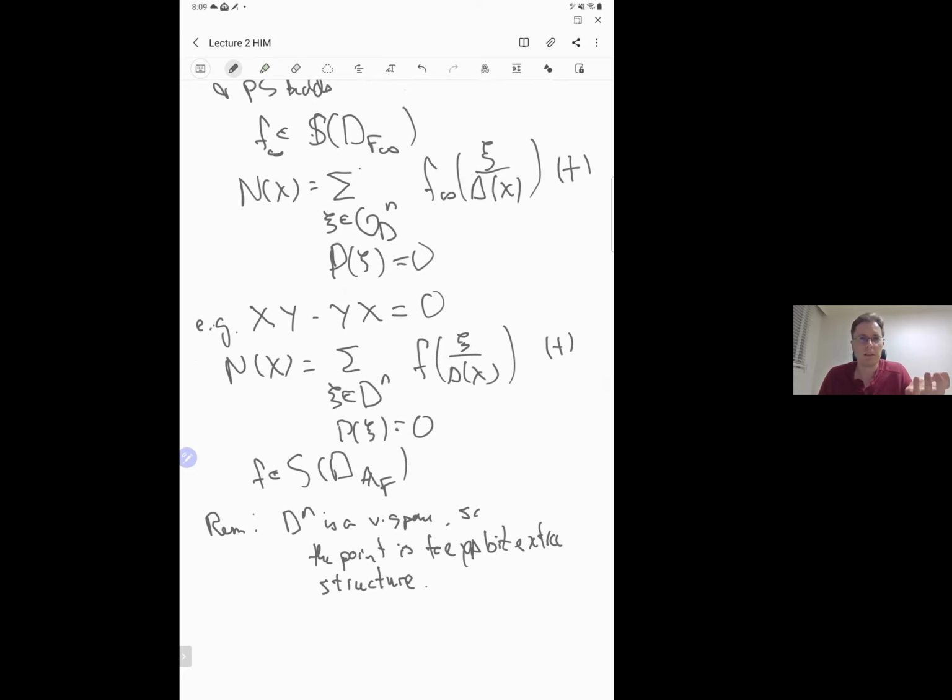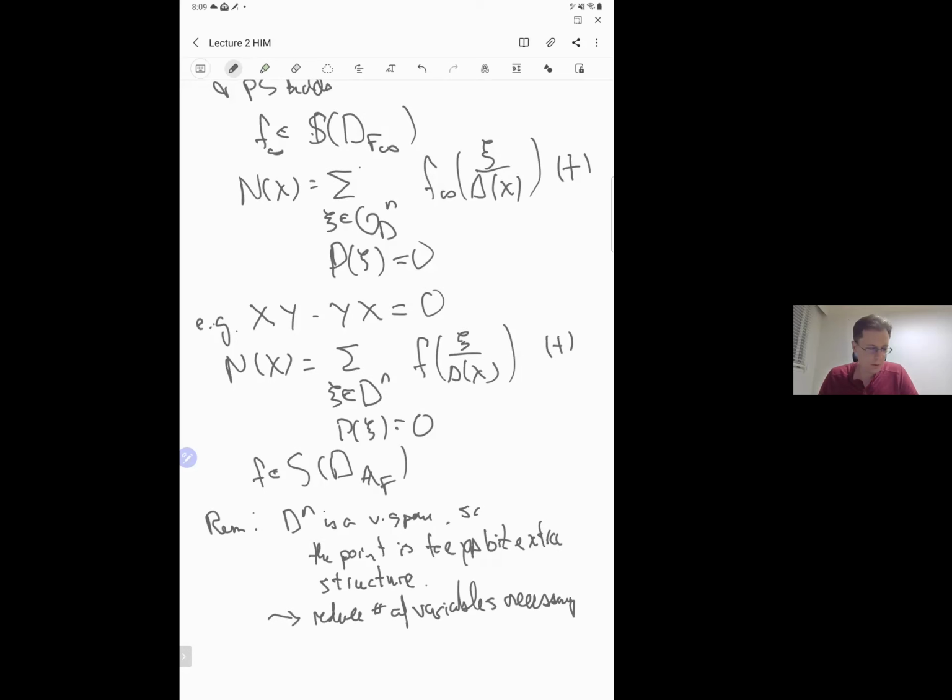And you could say, okay, I can just apply good old-fashioned circle method. The point is that by using the extra structure, you might try to reduce the number of variables necessary, because this set of polynomials has rich structure.